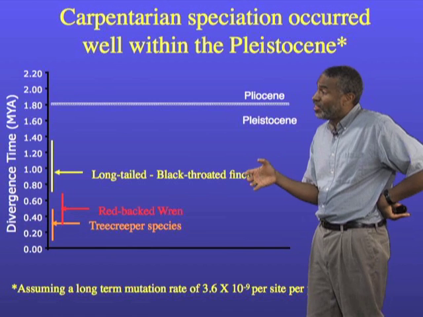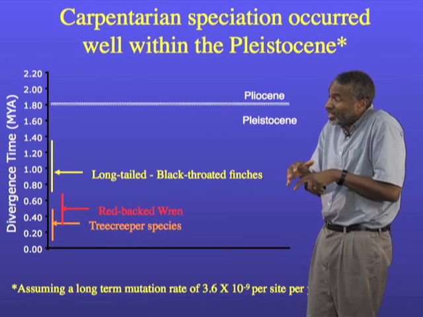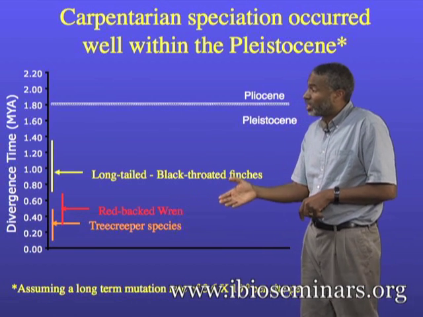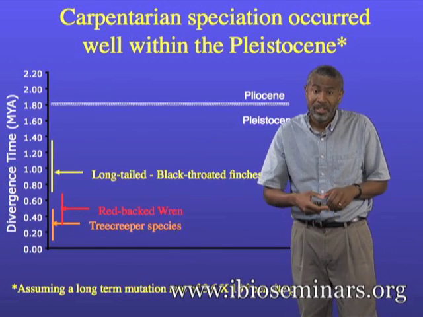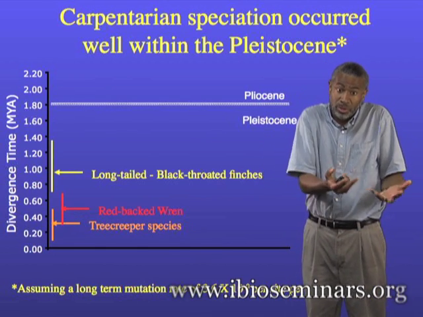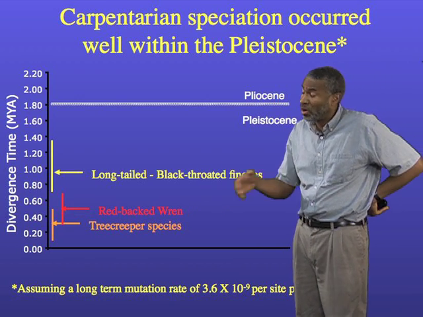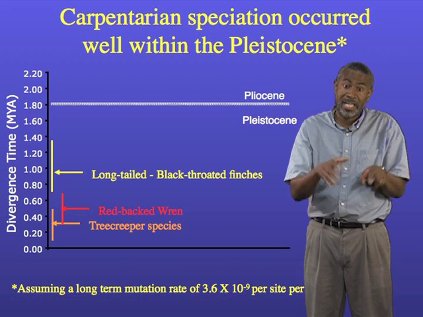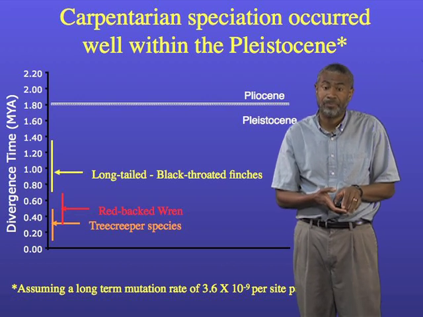It's actually less than the divergence time estimated for a species which is considered a single species, namely the red-backed wrens, okay? We would expect the Treecreepers perhaps to have an older divergence time. After all, they look quite different, as you saw in those slides. By contrast, the red-backed wrens are essentially a single species, albeit one that has diverged slightly. So this is one of the surprising results of this particular study.